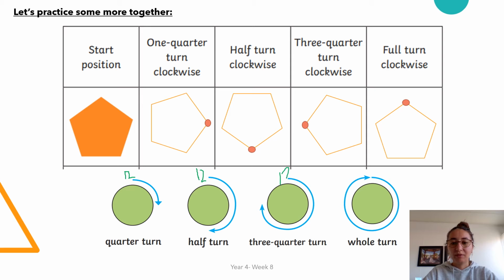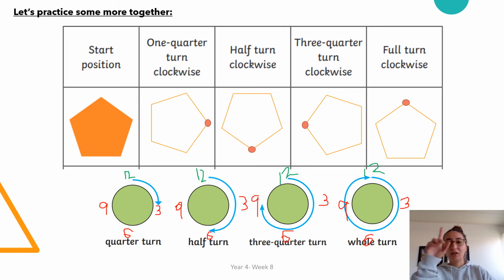Now we're just focusing on 3, 6, and 9. So when we have half turns, quarter turns, 3/4 turns, thinking of a clock is going to help you a lot, guys.